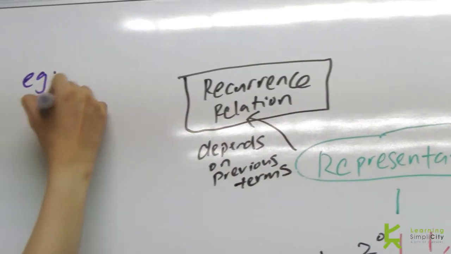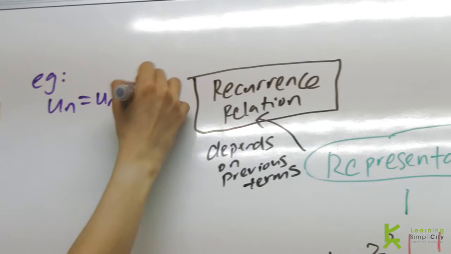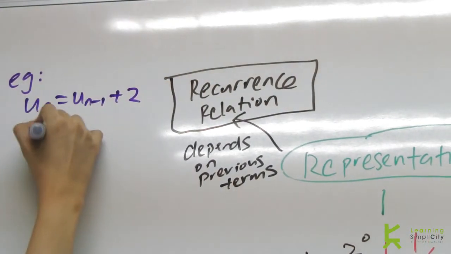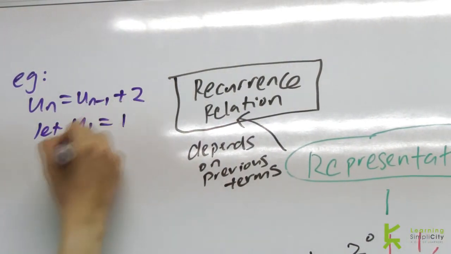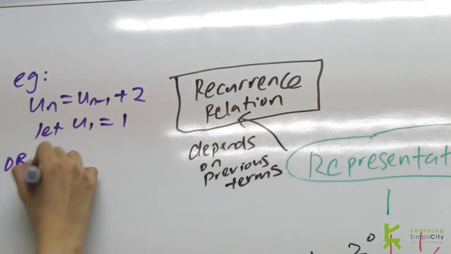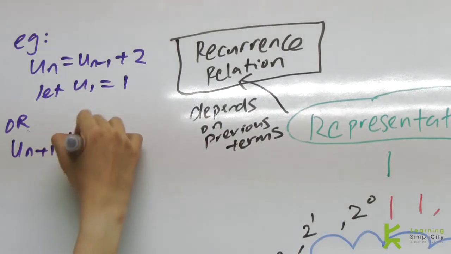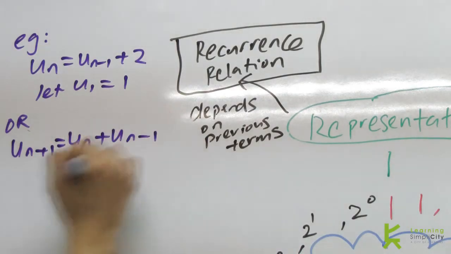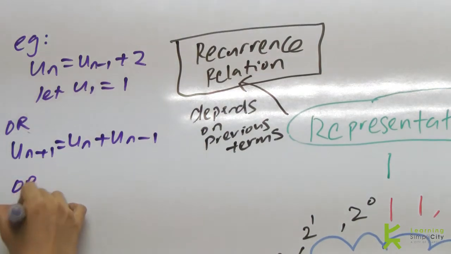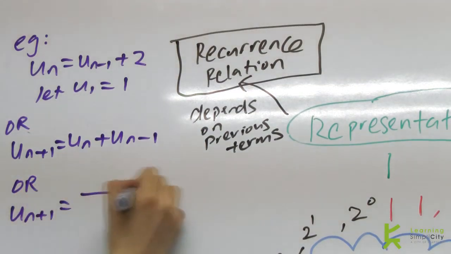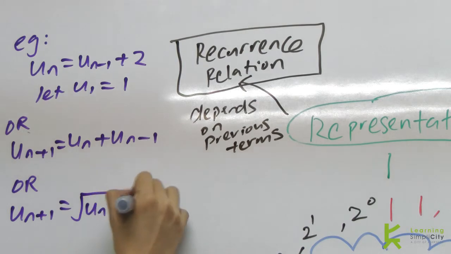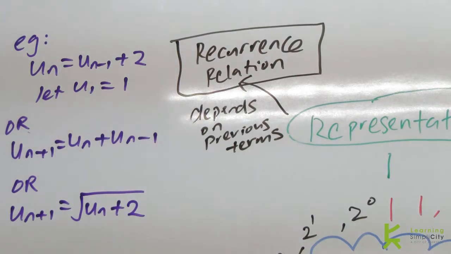Let un equals un-1 plus 2, letting u1 equals 1 as an initial condition. Other examples will be un+1 equals un plus un-1, or un+1 equals square root of (un plus 2), and so on.